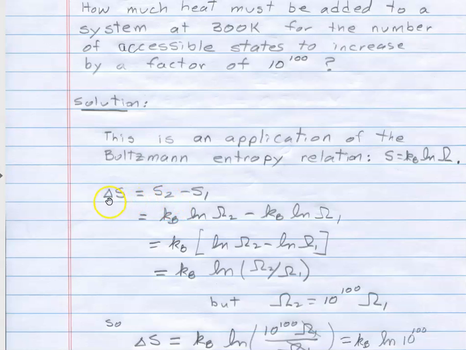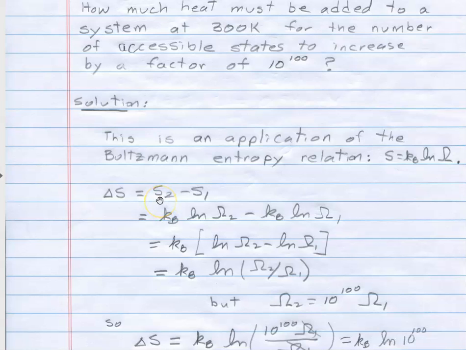And to me, delta of anything is the final minus the initial. In this case, the final is entropy at the final state 2, and the initial state was S1. And those are related simply by the number of accessible states at each one of those stages.